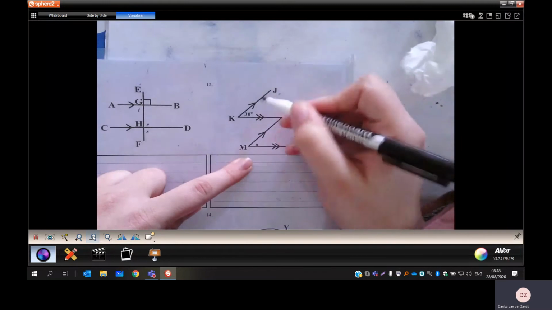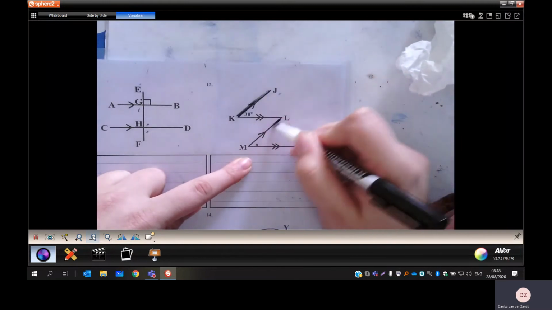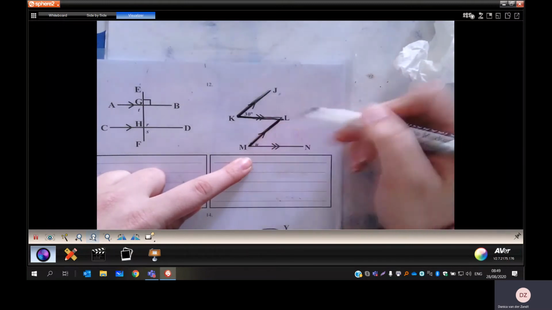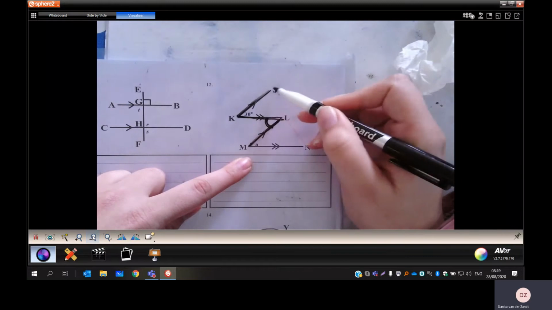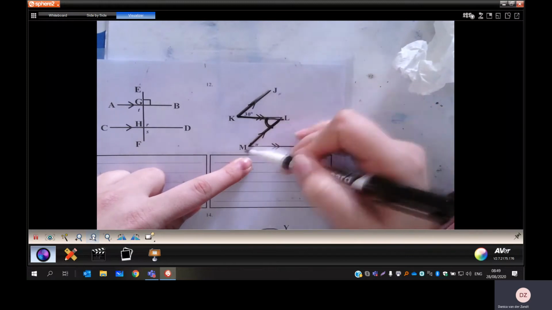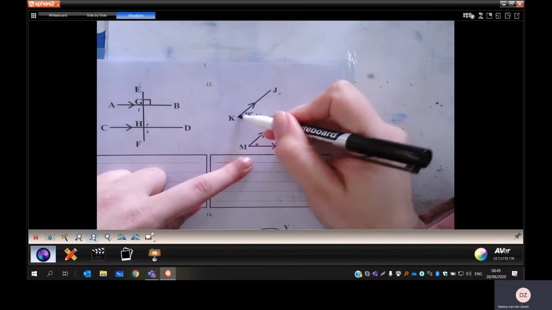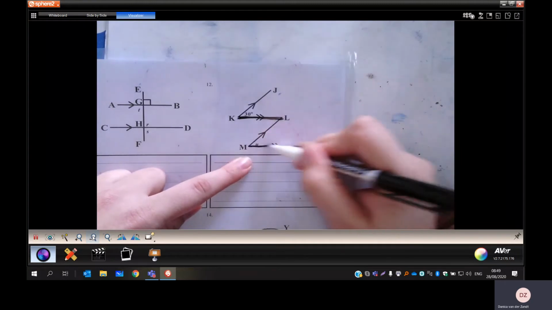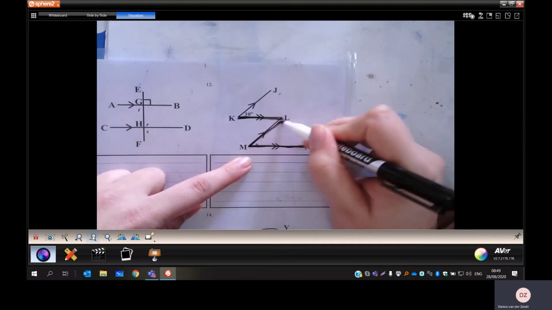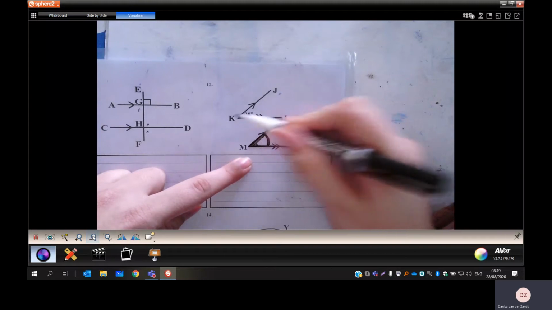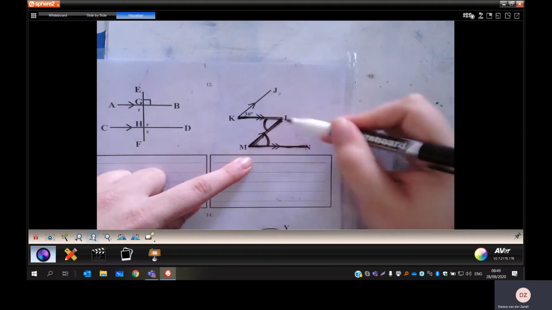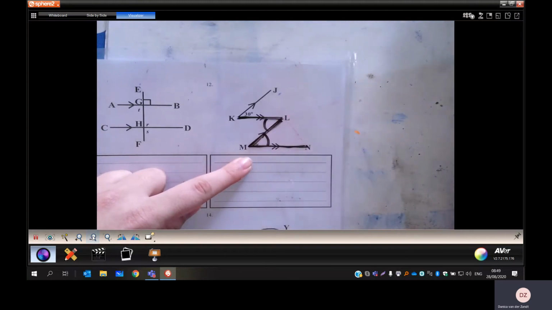You look for the lines that have the arrows on to mention. KJ and LM both have the single arrow, and KJ and MN have the double arrow. Okay, KL, it's fine.